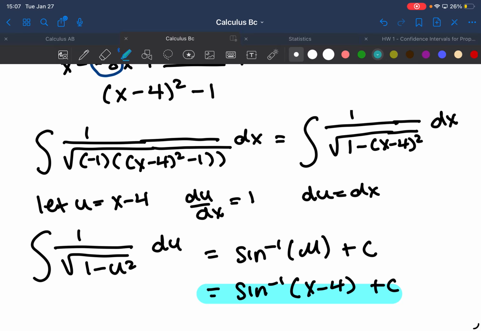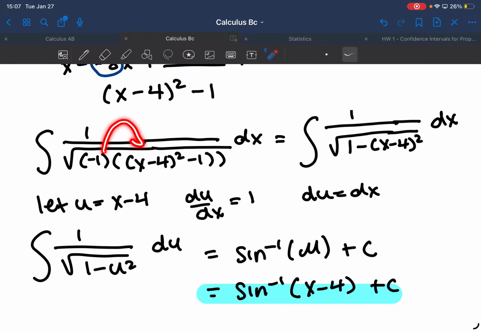Any questions on 4? What's the little symbol in the inverse of sine? It's just a u. I did it extra cursive-y. Yes, how did I distribute the negative?